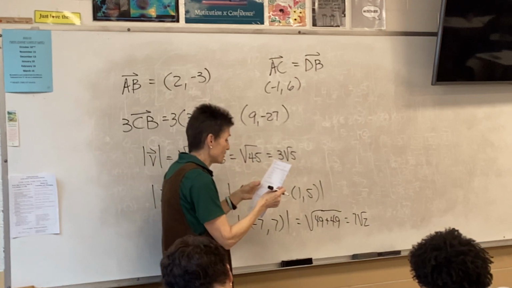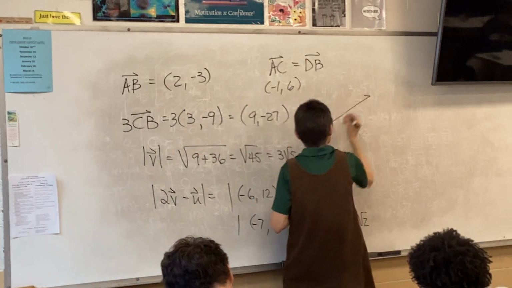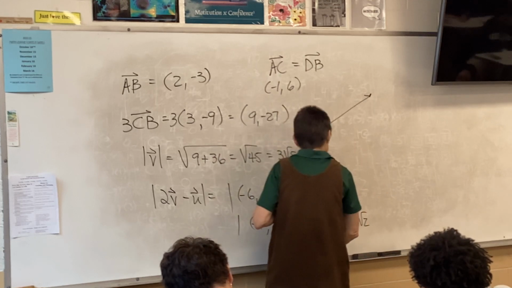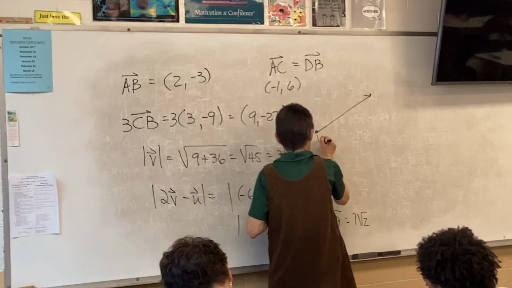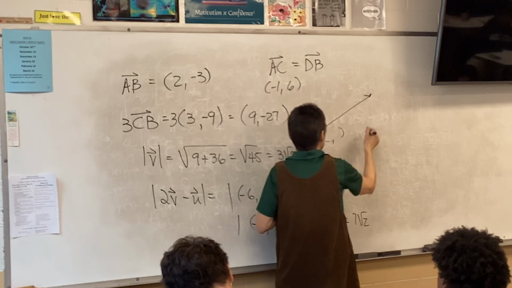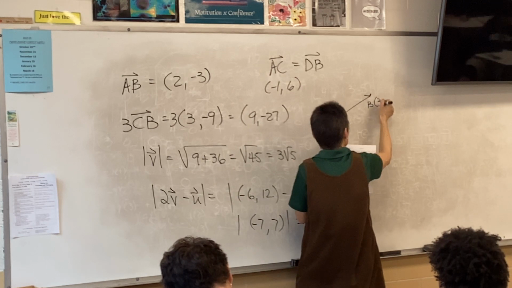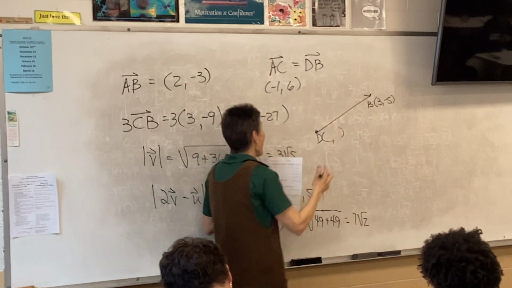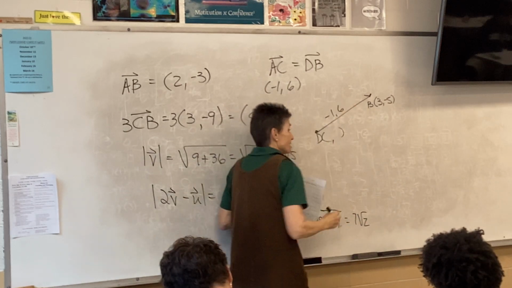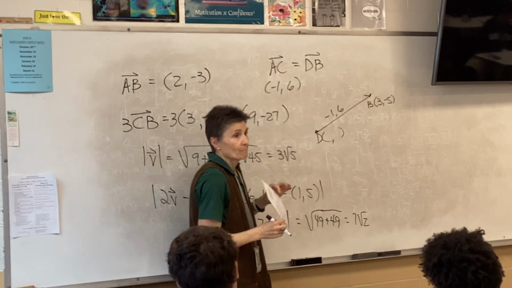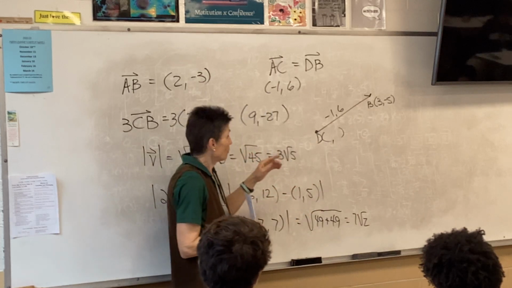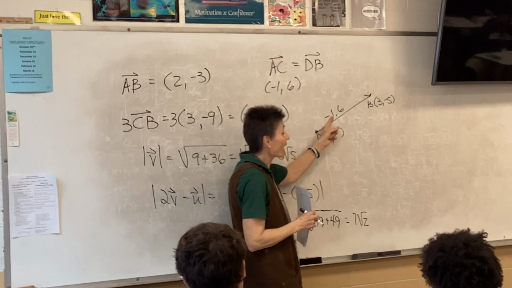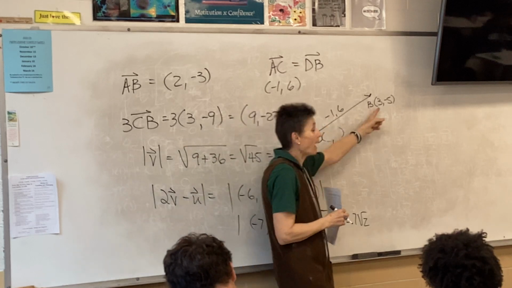And I do not know D. So vector DB starts someplace and ends at 3, -5. And it travels like this. So where do I have to start so that if I back up 1, I'm at 3?